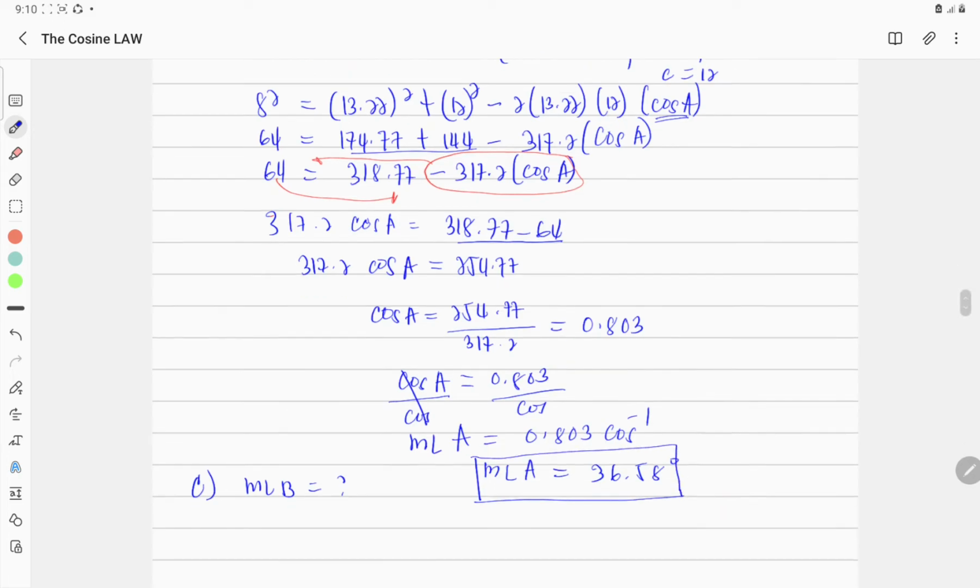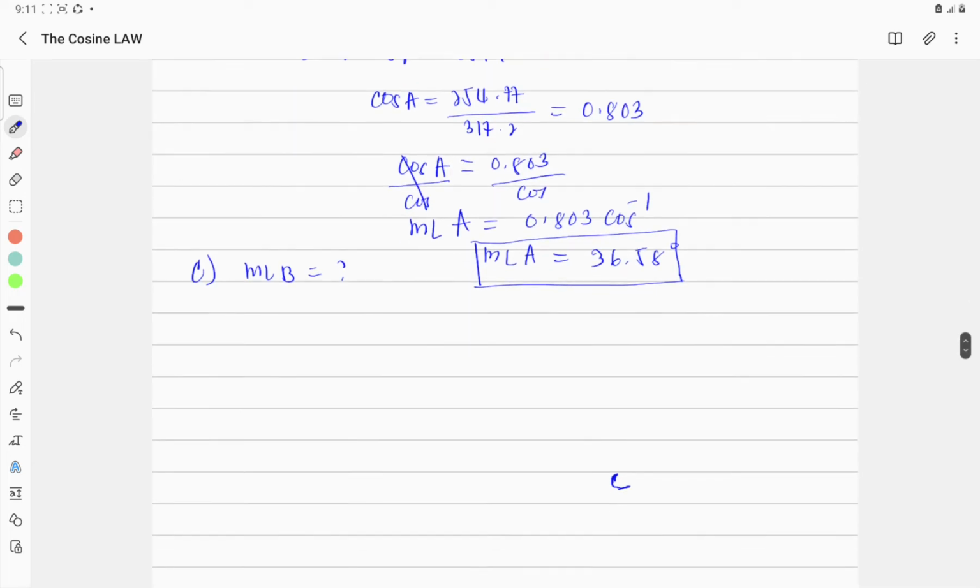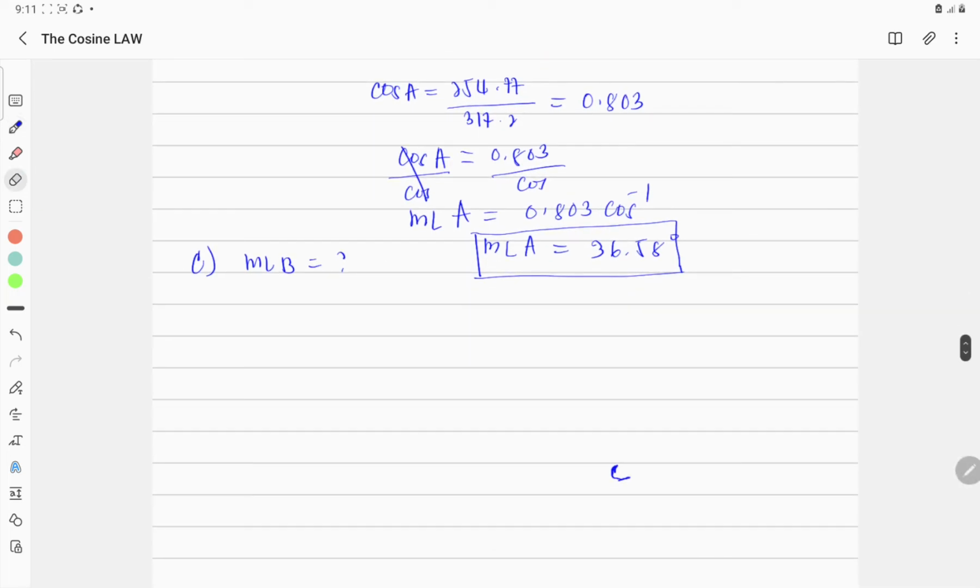Now we have the measure of angle A and also the measure of angle C, so it will be easy for us to find the measure of angle B. Take note that the sum of the measures of the three angles inside the triangle is always 180 degrees. So measure of angle A plus measure of angle B plus measure of angle C equals 180 degrees.